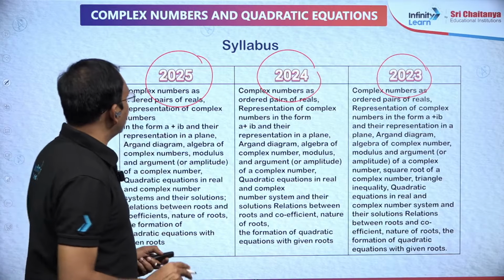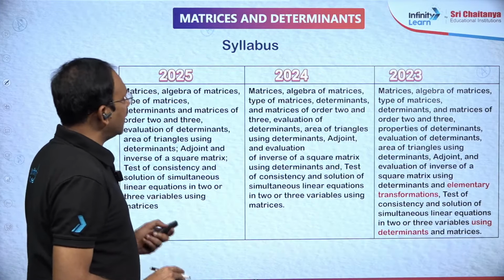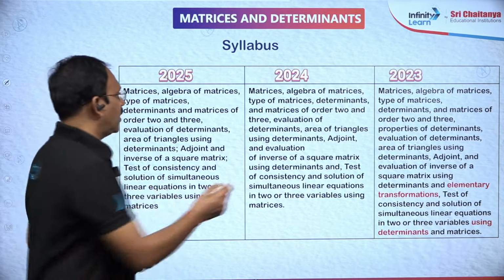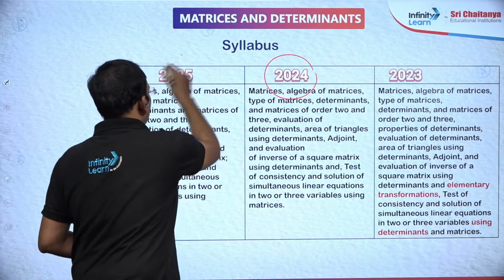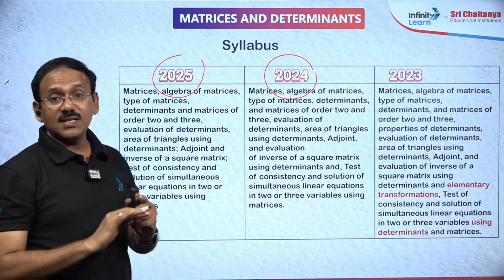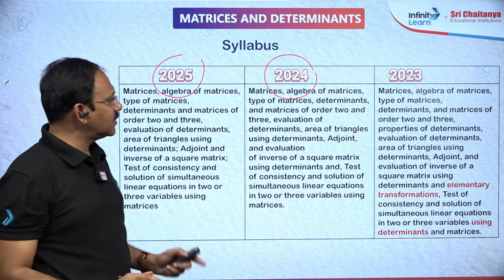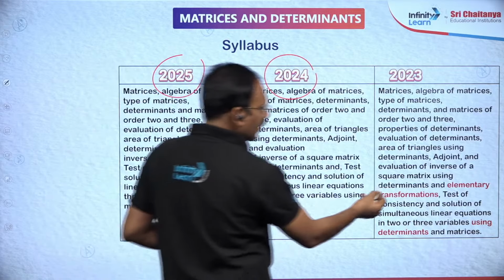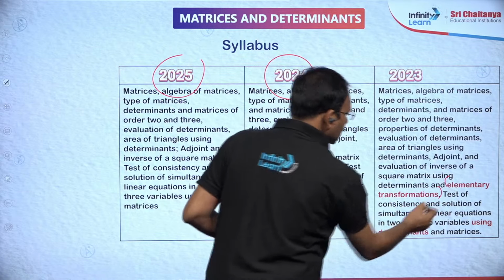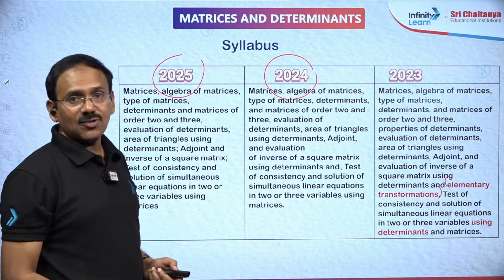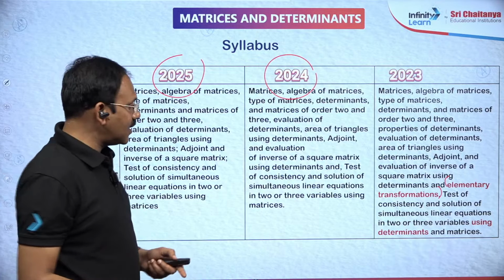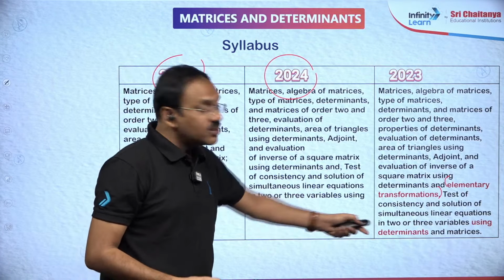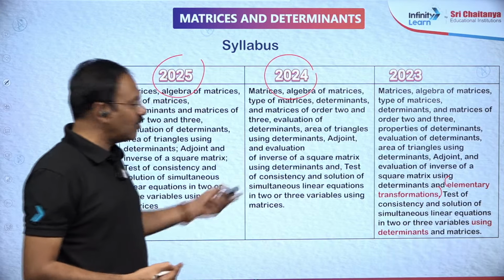Okay, next, dear friends, the syllabus in matrices and determinants. You see in 2024 and 2025 there is absolutely no difference in the syllabus, whereas from 2023 to 24, certain topics were removed: elementary transformations related to the rank of the matrix, related to determinants, as well as solving a system of linear equations using determinants.